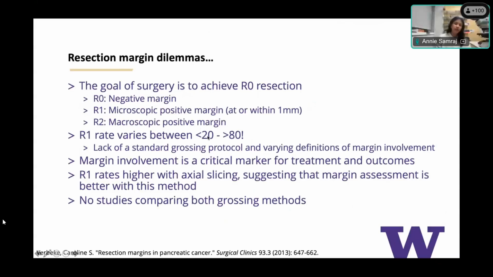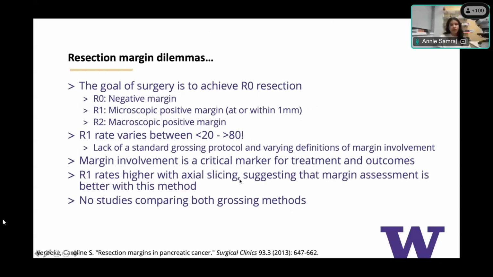By the end of the decade, by 2030, pancreatic cancer is going to become one of the top 5 cancers in North America, and globally it is also on the rise. So we really should get consensus on how to gross these specimens accurately.